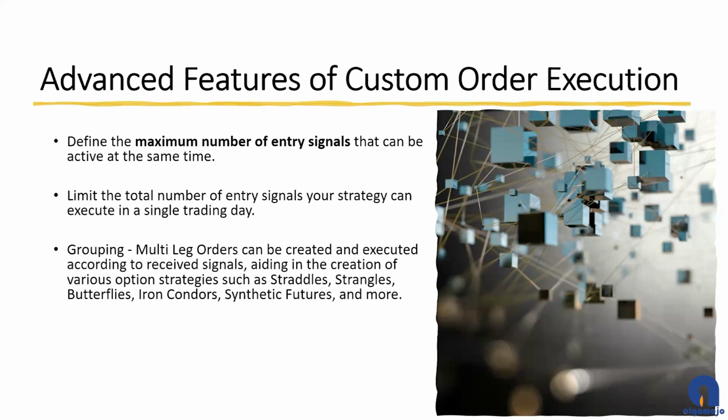Now, if you're an options trader, in the option strategies you will have multiple legs. So you can create all those legs independently, and based on a single signal, you can place multiple orders. And again, you can prioritize what order has to be taken first, and you can set the sequence also, because option strategies normally involve buying and selling of options to facilitate the margin benefits.